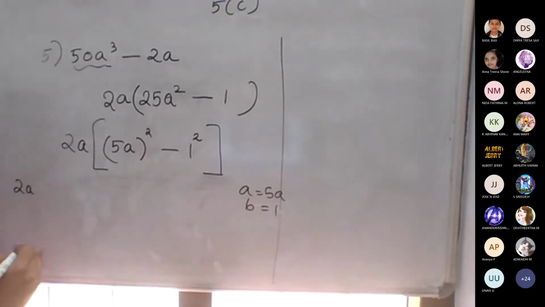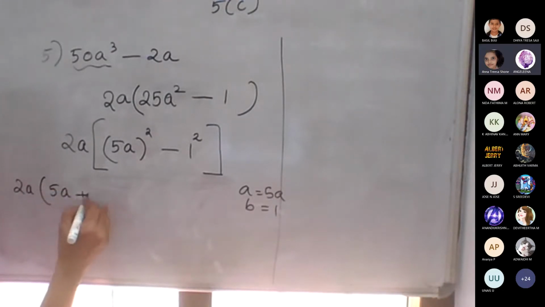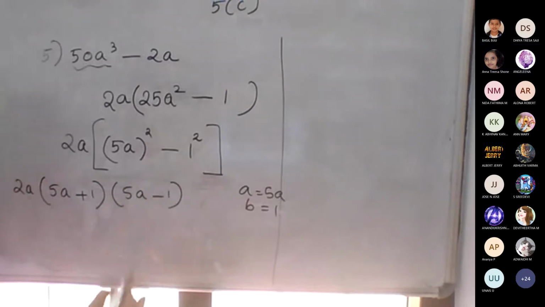Then a plus b into a minus b: 5a plus 1 into 5a minus 1. Any doubt? No, ma'am.